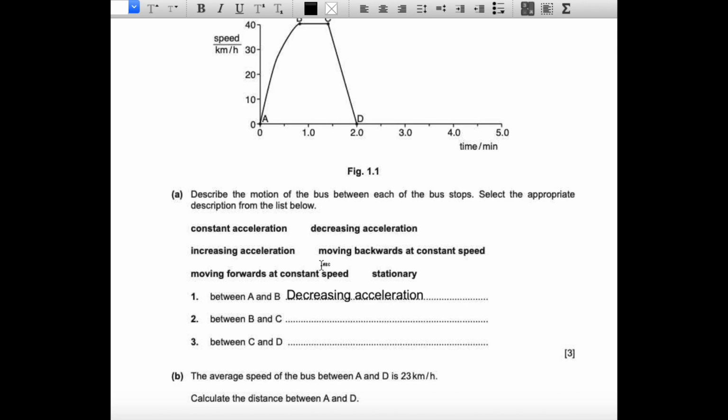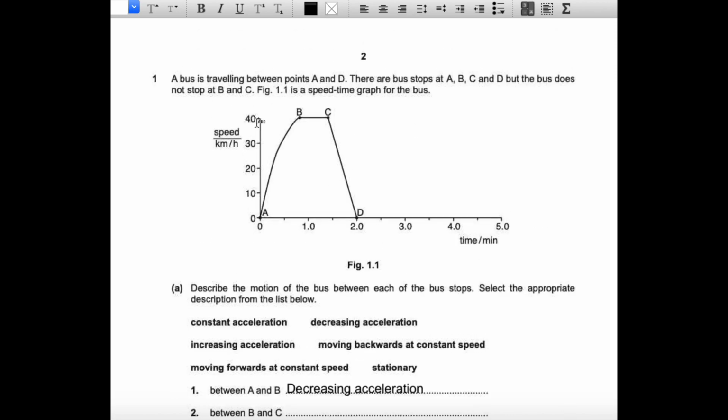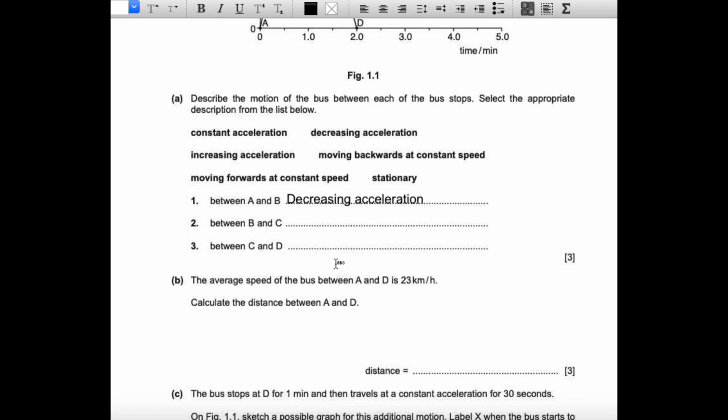We'll choose moving forwards at constant speed, because the bus moves from B to C, so it will be forward. So we will write here: moving forwards at constant speed.